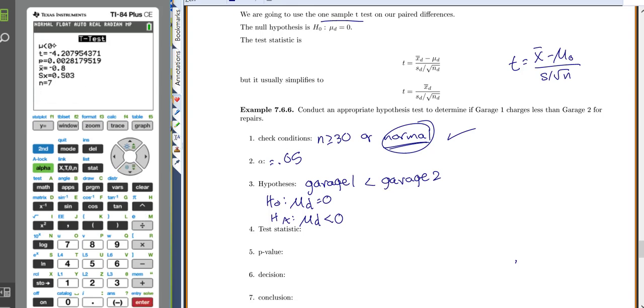So notice it tells you it did the mean is less than 0. It told you t, our test statistic, equals negative 4.2. So that means here's my test statistic of negative 4.2. This is a less than, so we would have been shading and finding the area to the left, and that area says is 0.0028. So my p-value is 0.0028.